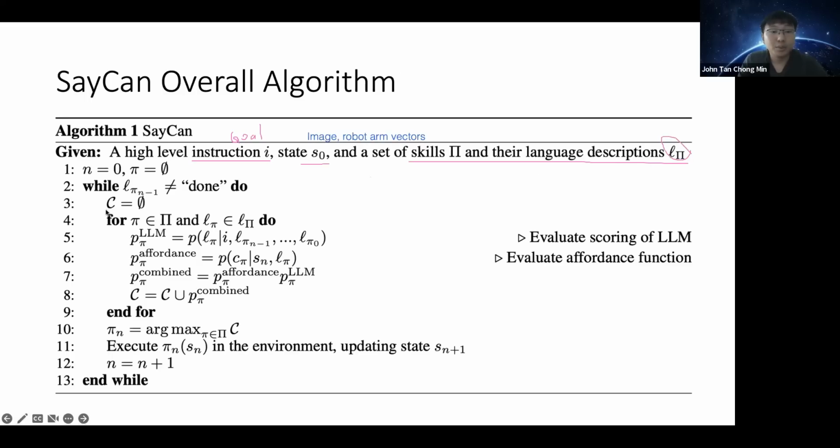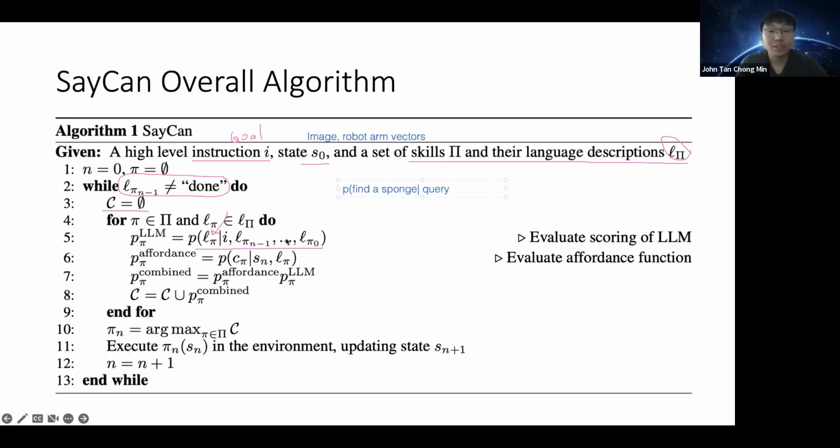So what we do is we start off with nothing, and then at every state, as long as the language model doesn't predict done, we find out the LLM scoring, like what's the probability that it will output this. So for example, the LLM can tell me what's the probability of outputting find a sponge given the query, and over here you also condition against all other instructions.